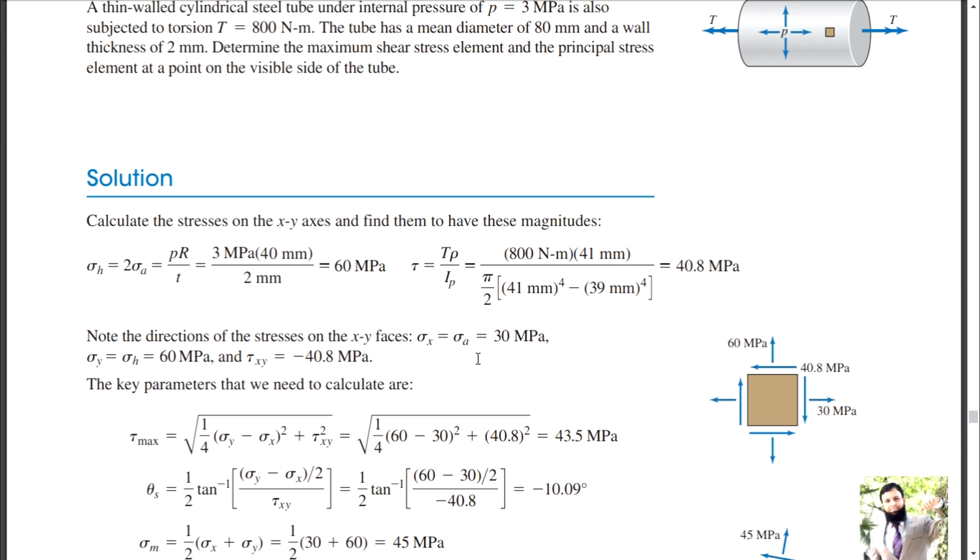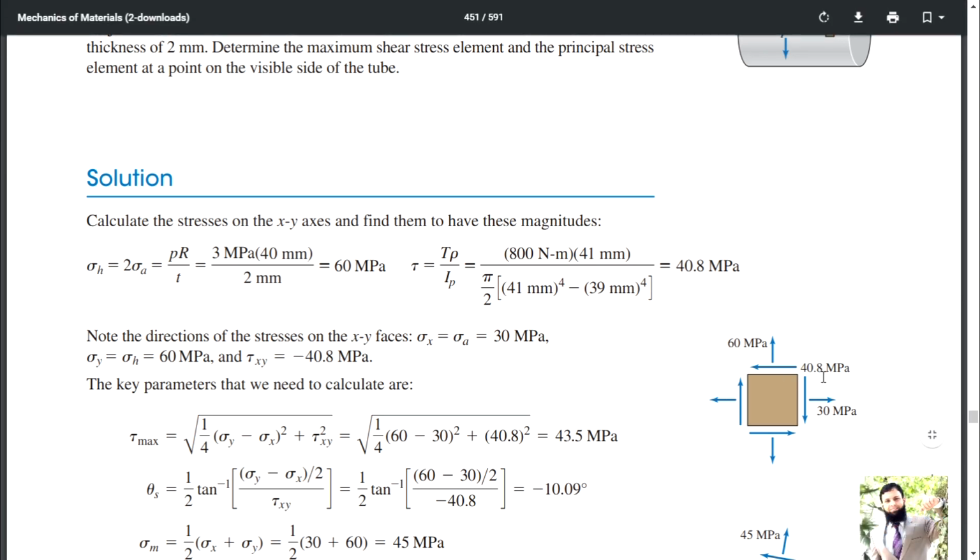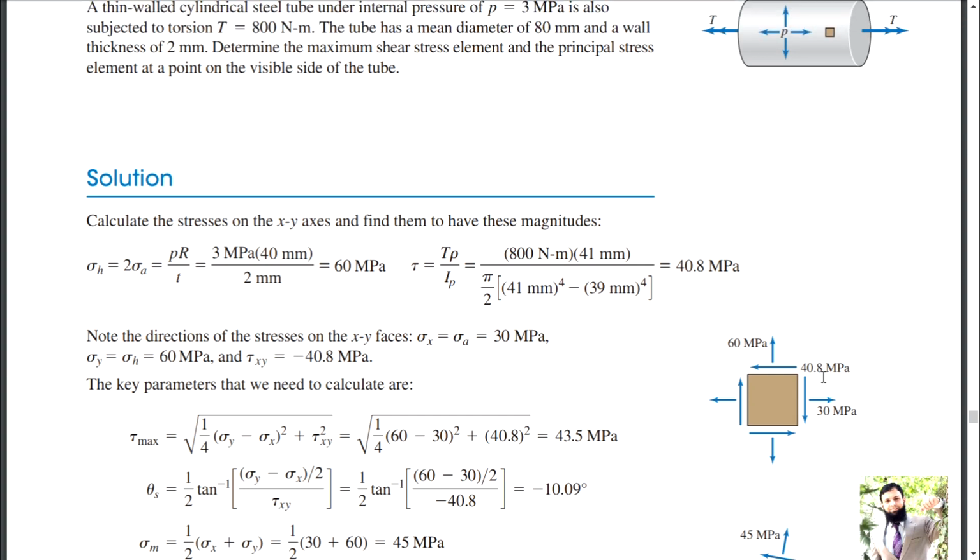All right, if you show minus here, then that's fine. But why minus? Why not plus?